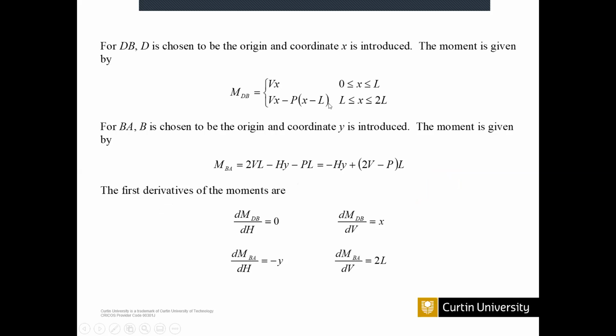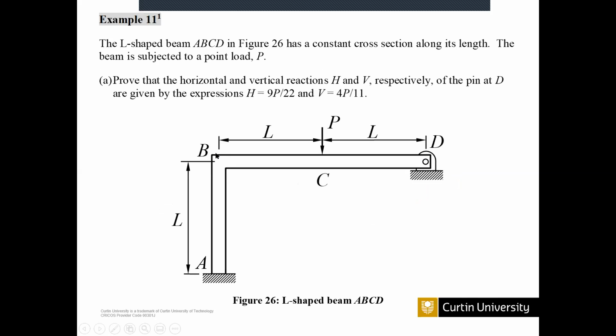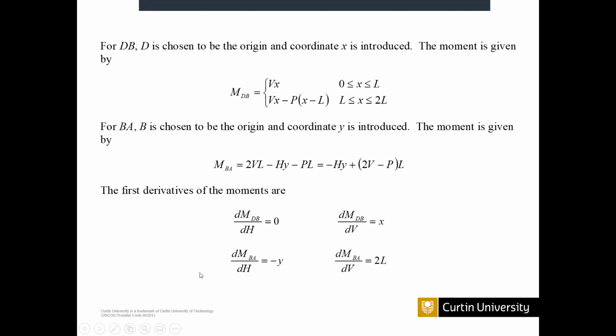And for the BA section, the vertical section, B is chosen to be the origin, somewhere here, and we consider the directions towards here. The origin and coordinate y are introduced. We are not going to introduce x again because it would sometimes be confusing.